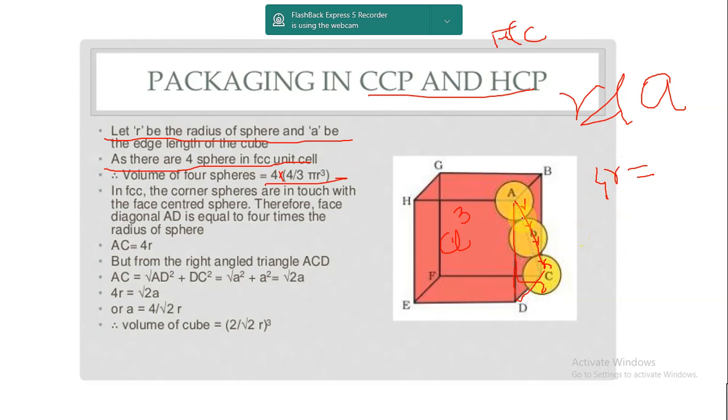Suppose the length of AC is B. By Pythagoras theorem, B square equals A square plus A square, because this is A and this is also A. So B equals root 2 A.